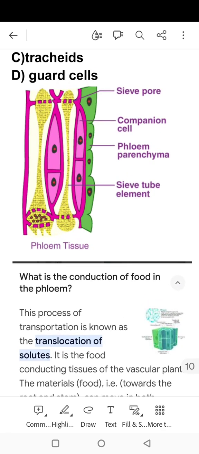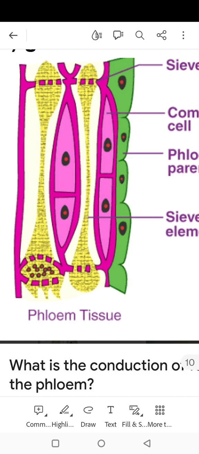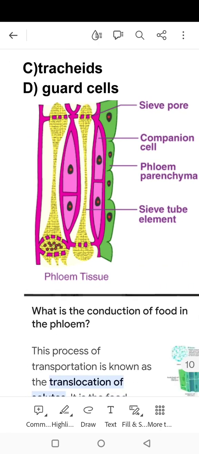Now let us see this. What are the different parts of the phloem? Phloem tissue appears like this. The yellow colored material in the sieve tube is nothing but the proteins which help in the conduction of the food. It can be upward or downward.